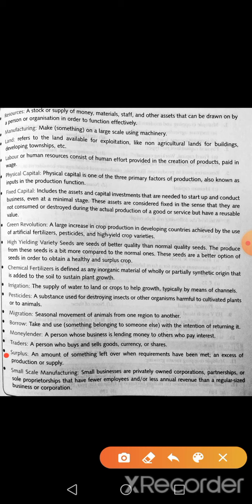Surplus. Surplus is an amount of something left over when requirement has been met, an excess of production or supply. Suppose we take an example of yourself.